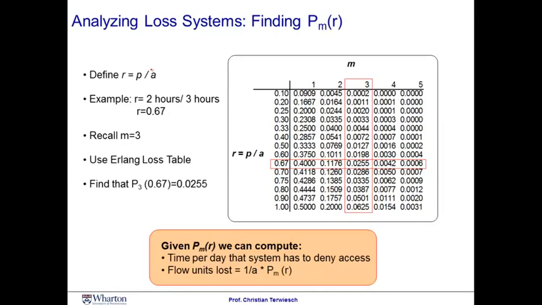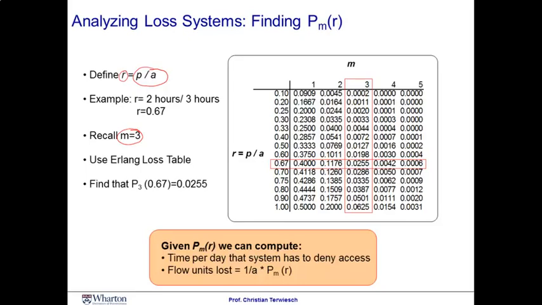Here's how I want you to find out the probability. The first thing I want you to do is compute the ratio between the processing time and the inter-arrival time. I would prefer that you don't try to interpret that number, just call it R for ratio. Next, you look at how many resources do you have, or how many servers do you have in that resource, and so in this case we have 3 trauma bays, M equals 3.